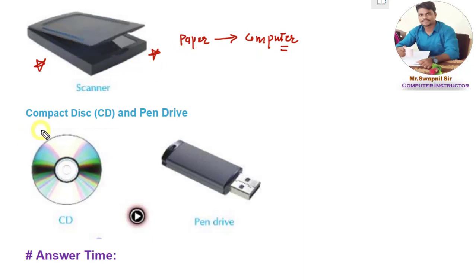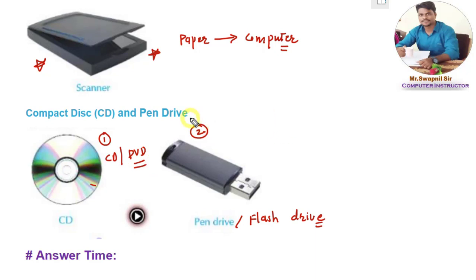Okay, lastly, see these two familiar devices. What is its name? It is CD or DVD. Okay, and this is pen drive, also called as flash drive. So this device is used to store the data.